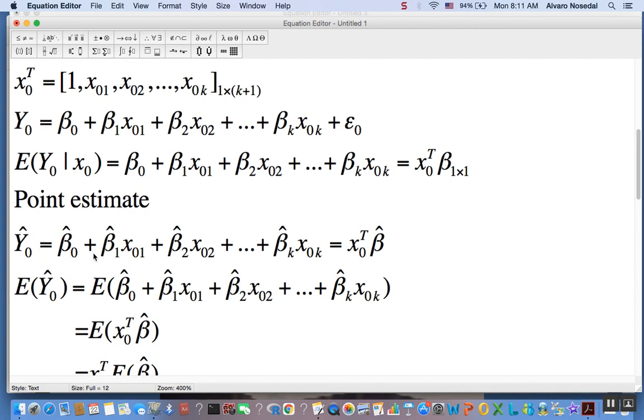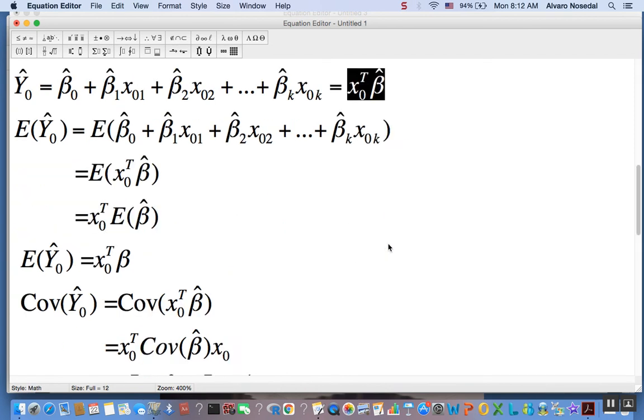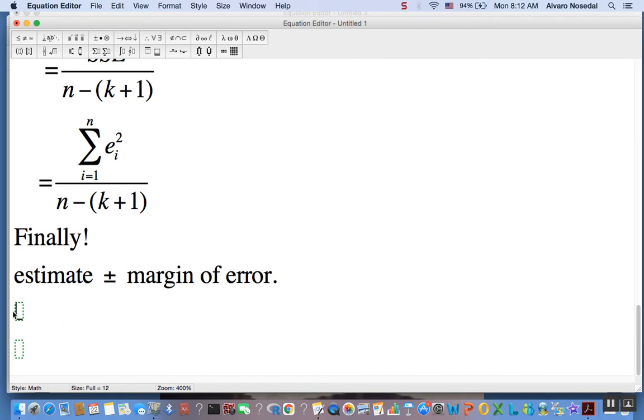This will be our point estimate, plus minus a margin of error, which is basically the variance of our estimate.